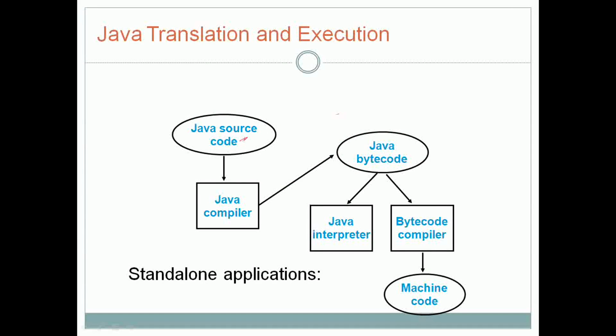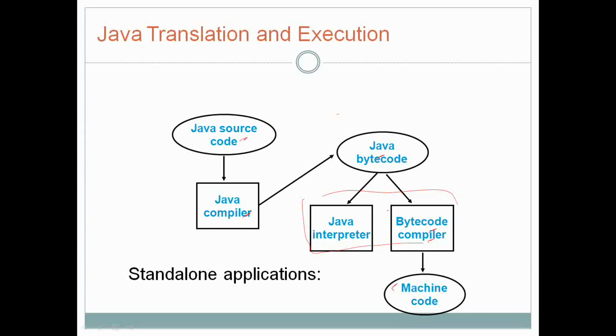Now, this is the Java translation and execution phase. This is the Java source code, and when we compile, the Java compiler generates bytecode, and this bytecode is interpreted and executed by two translators: one is the Java interpreter, another one is the bytecode compiler. This will generate machine code which is specific to a particular machine.